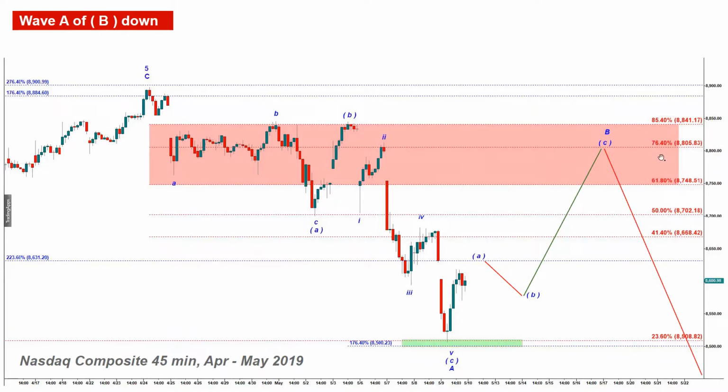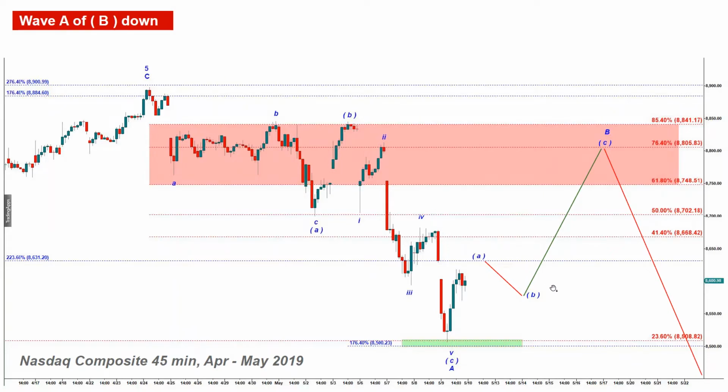So to do that, what we normally do is we measure the first move down in wave A down, and we put retracement ratios. And most likely it can stop at 50% retracement, 61.8, 76.4, 85.4, but sometimes it can go all the way up to the recent high. So it's tricky.